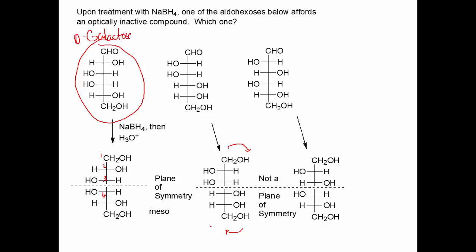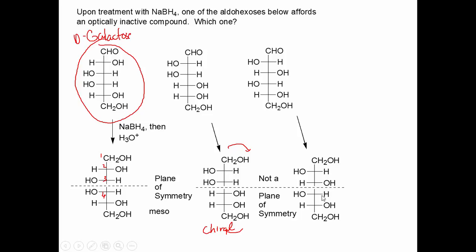So this one is chiral. A rotational axis doesn't do away with our chiral center. It's only when it has a plane of symmetry that it's meso. This one again also has a rotational axis but no plane of symmetry. This is not a plane of symmetry right here.